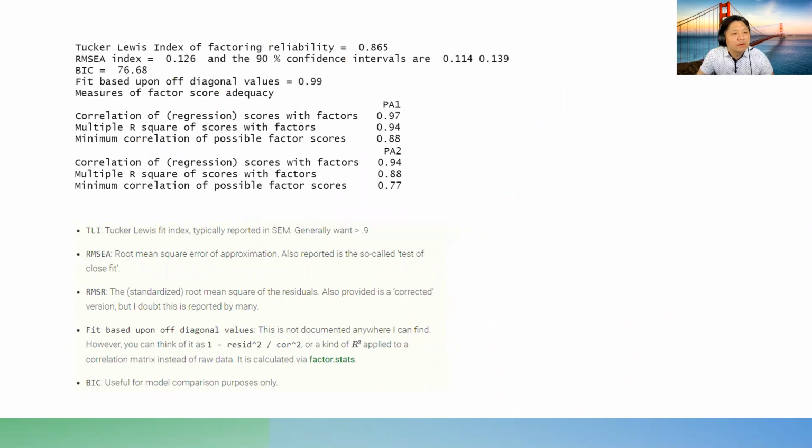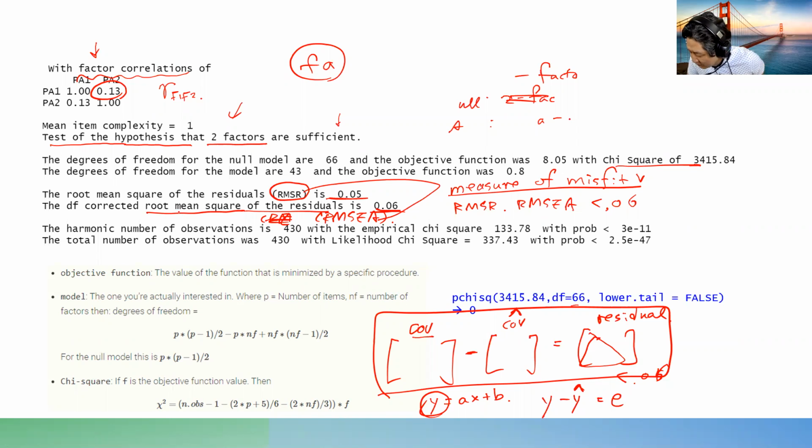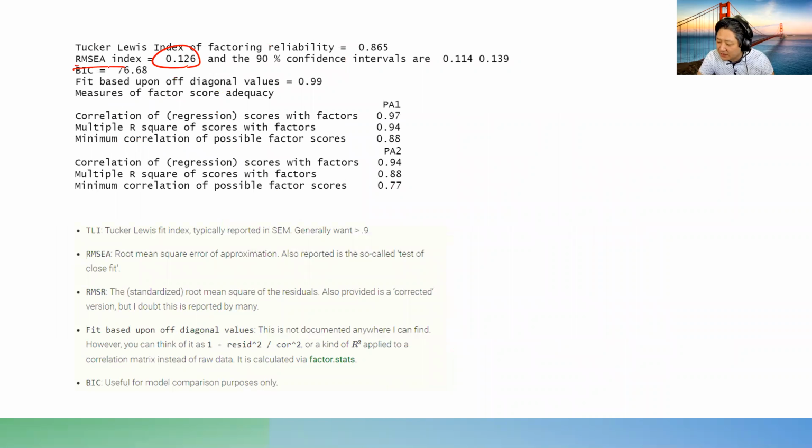And then right here is the RMSEA. What is this? Oh, this is root mean square residual, RMR, I'm sorry. So this is RMR, but the interpretation is the same. This is a measure of misfit, and this is RMSEA, another measure of misfit, but this is somewhat high because it is greater than 0.06.